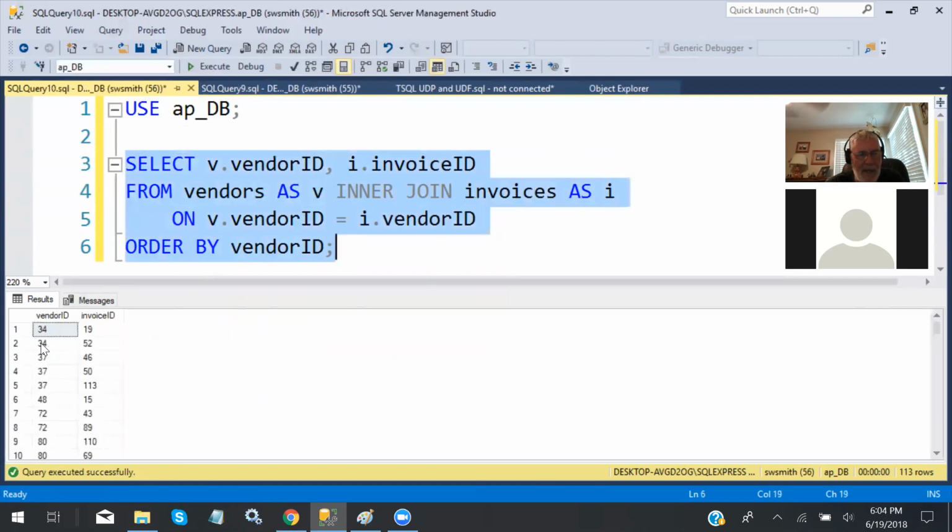I can count on that. So I have 2 invoices for 34, 37, one for 48, 72, a whole bunch of them for vendor ID 95. Look at that, 121 just has a lot of them. And I can go on with that.